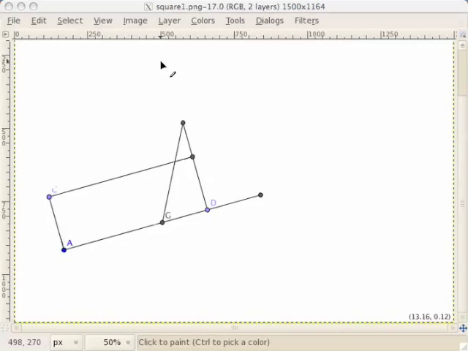So now that we've cleaned that picture up again, let's just put some dimensions on here.